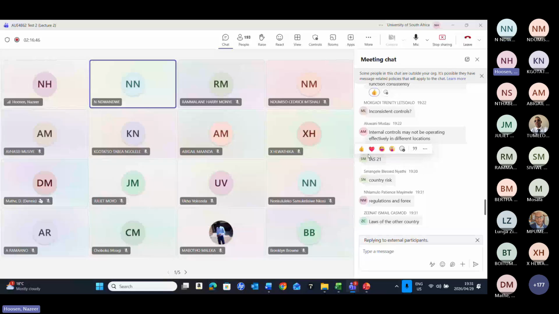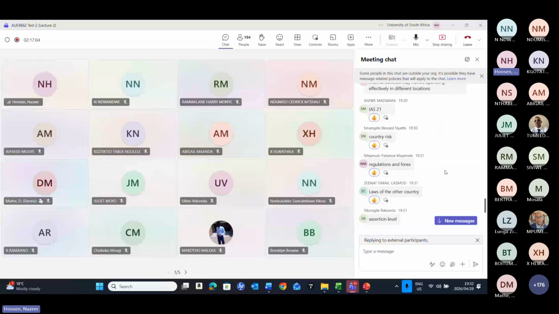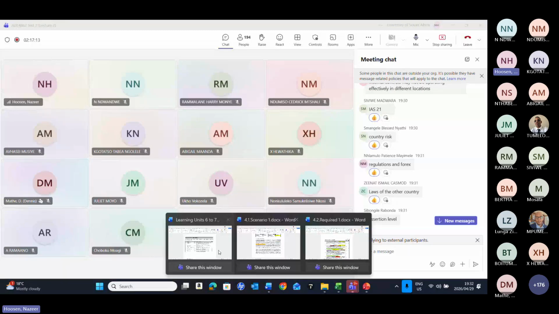Yes, brilliant. That's one. So we have the Companies Act aspects which do feature, and for the Companies Act aspects, what would you typically see underneath those? Like non-compliance with laws and regulations in foreign countries, perhaps? Yeah.